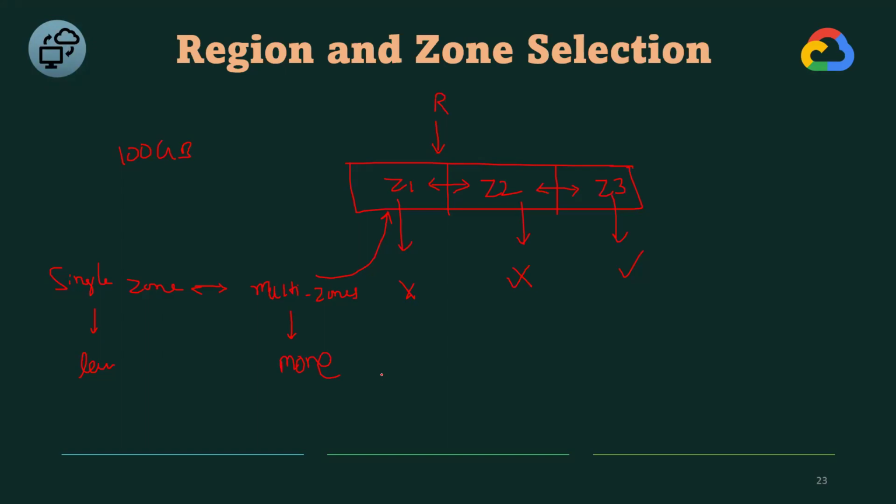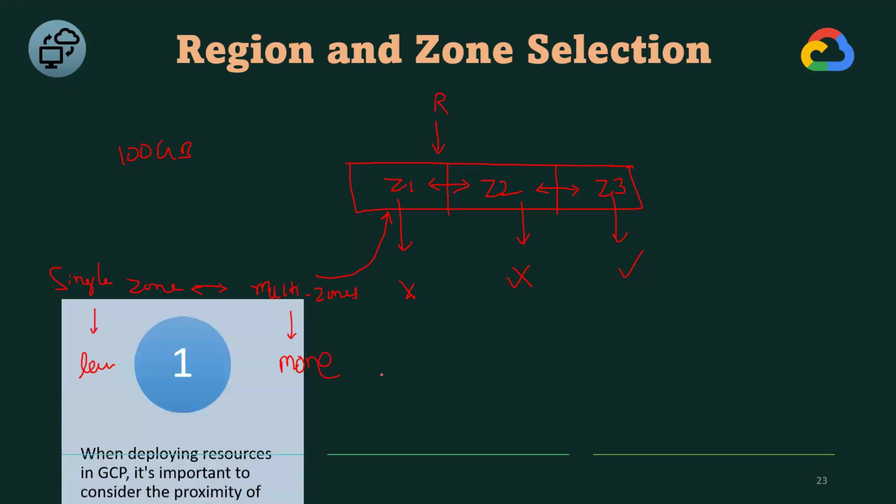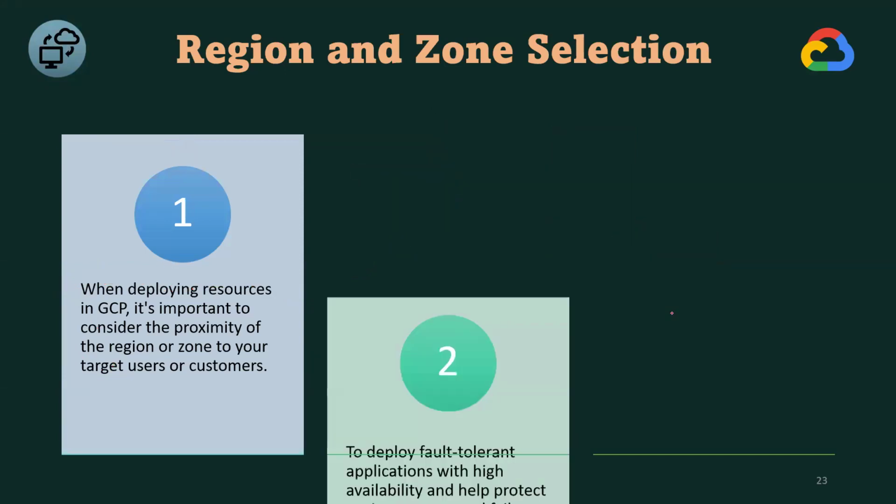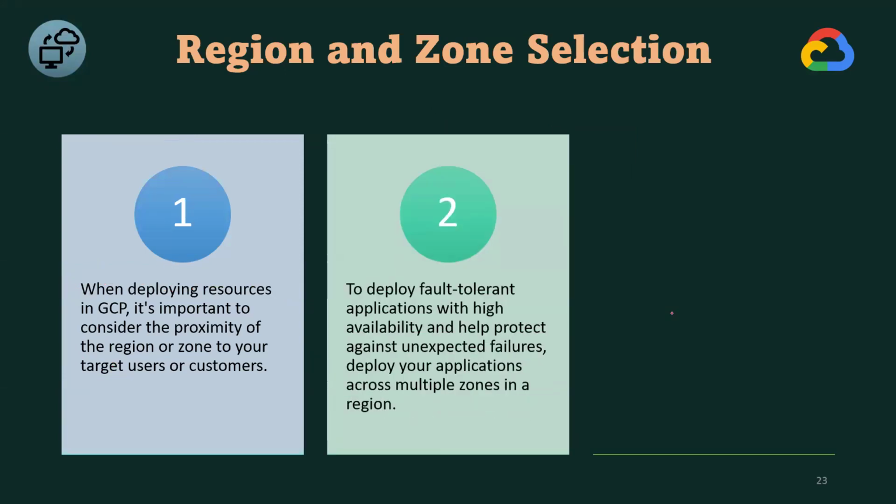Even if one of the zones is down, your data is coming from one more zone, and your application, with high optimal performance, is going to keep working. This is what we call replication.